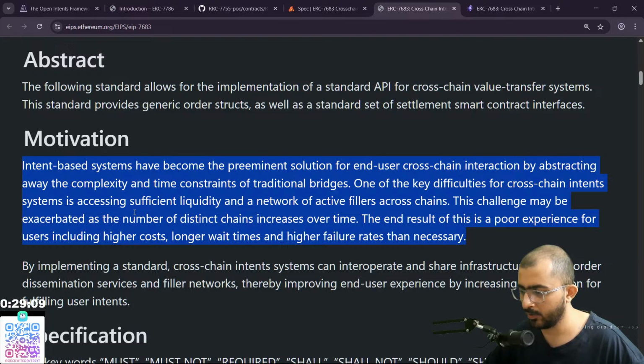One of the key difficulties for cross-chain intent systems is accessing sufficient liquidity and a network of active fillers across chains. This challenge may be exacerbated as the number of distinct chains increases over time. The end result of this is a poor experience for users, including higher gas costs, long wait times, and higher failure rates than necessary.